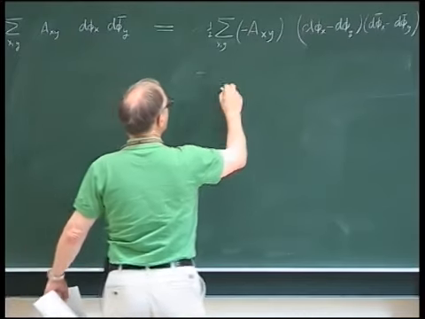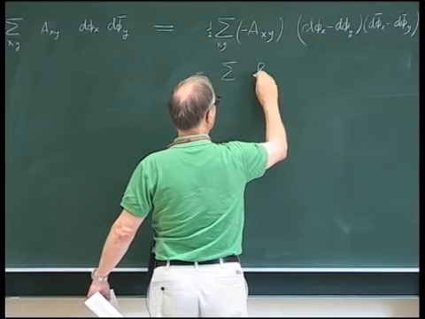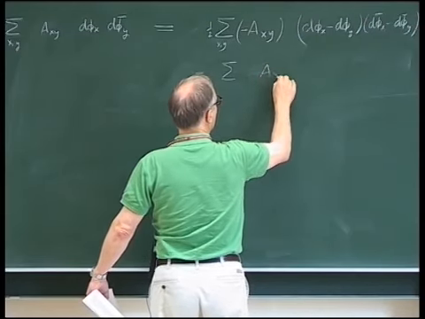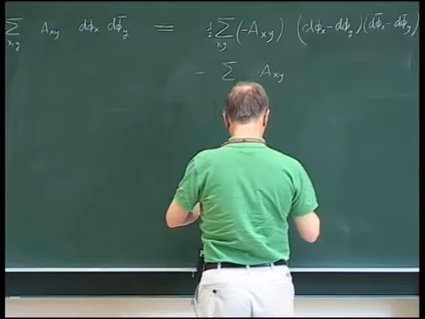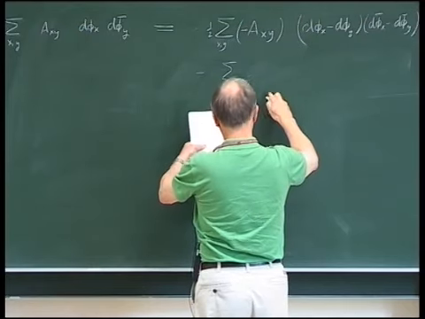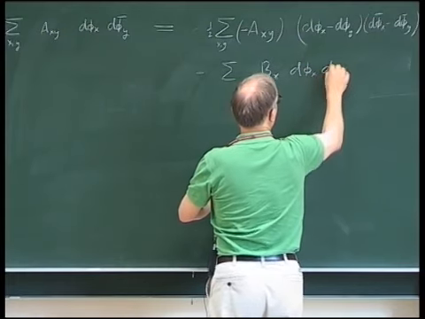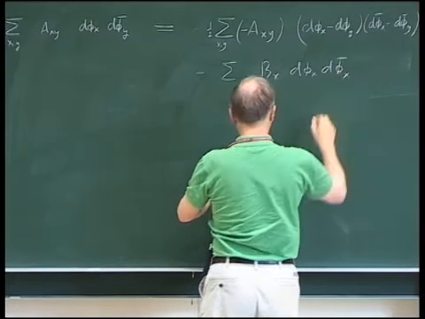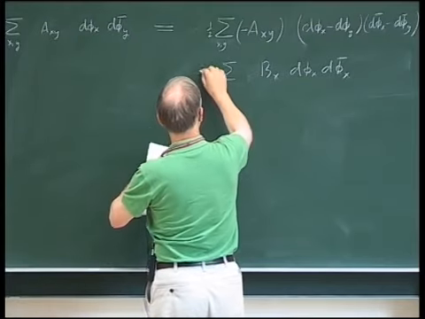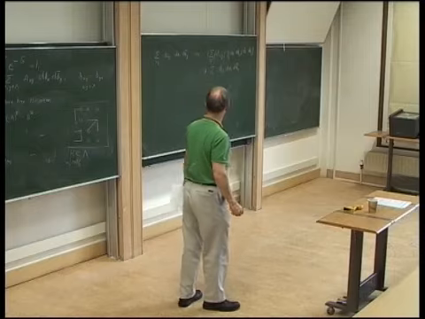So there's going to be as well sum B, sum A xy, well, let me just copy it out of here rather than fumbling. Sum bx d phi x d phi conjugate x, and I think the sign is like this, but yes, you work it out.